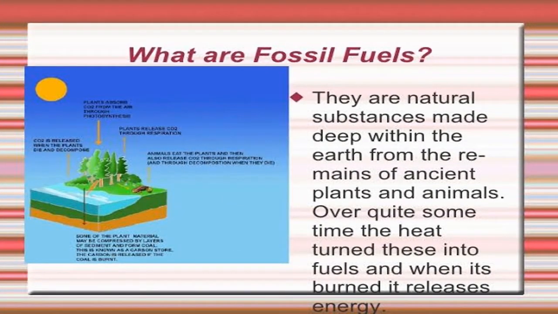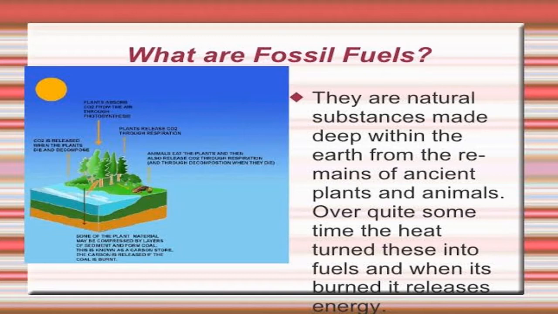So once again, what are fossil fuels? They are natural substances made deep within the earth from the remains of ancient plants and animals. A fossil is the remain of an animal or a plant that has been pressed between the rocks for many thousands of years.